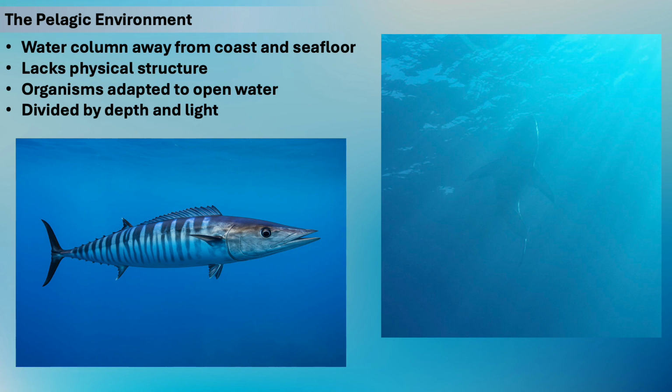This creates a fundamentally different set of constraints. Organisms are living in a three-dimensional moving fluid where they must constantly deal with sinking, with drag, and the challenge of locating food in what is often a dilute environment.